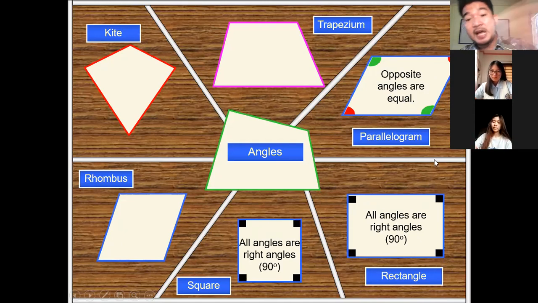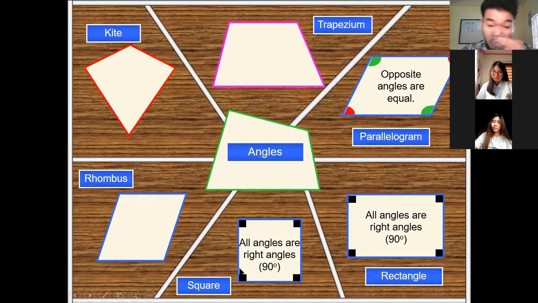So, ibig sabihin, tama pa rin yung property ni parallelogram kay rectangle because all right angles are equal. Lahat ng right angles ay 90 degrees, so lahat sila ay equal. So, opposite angles are equal here. This is 90, then this is also 90. This is 90, so this is also 90.